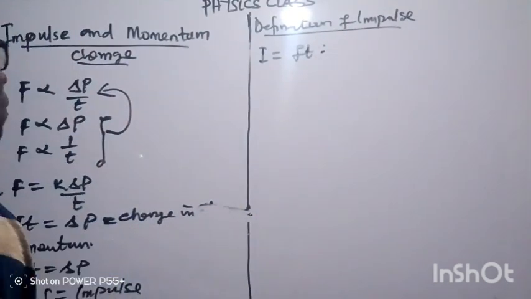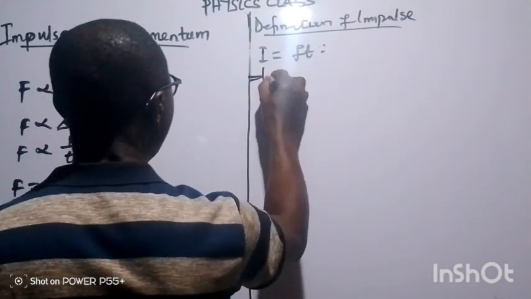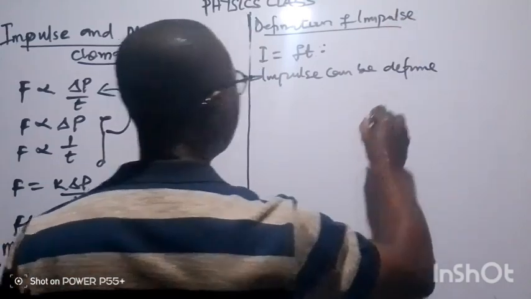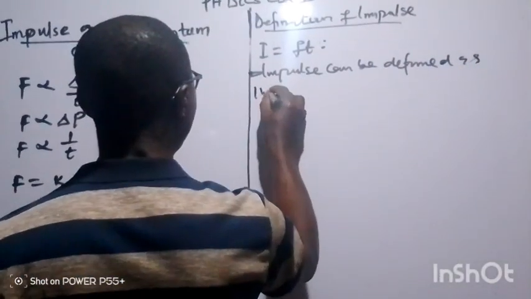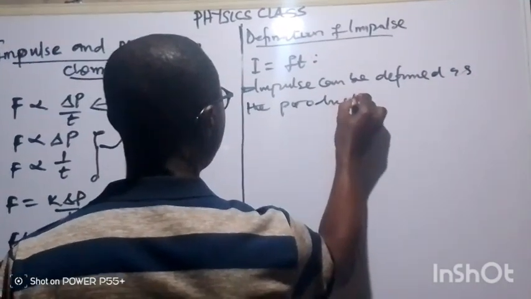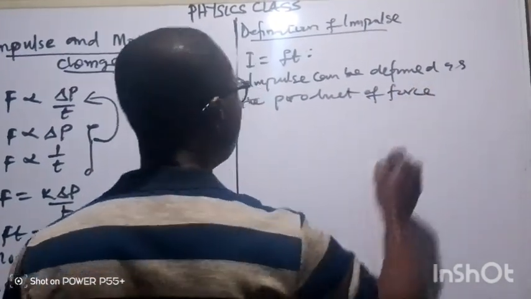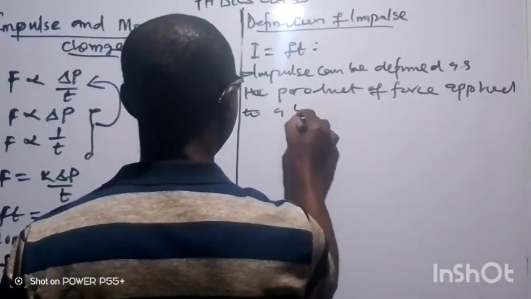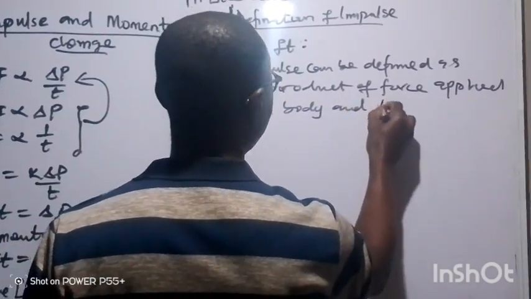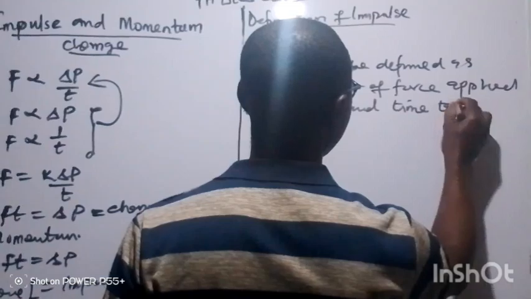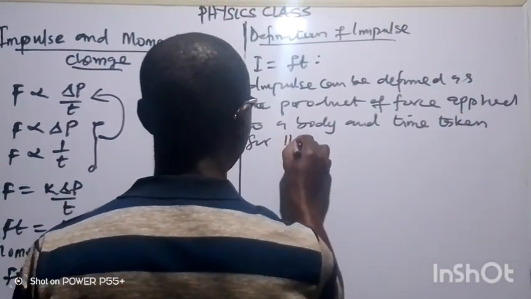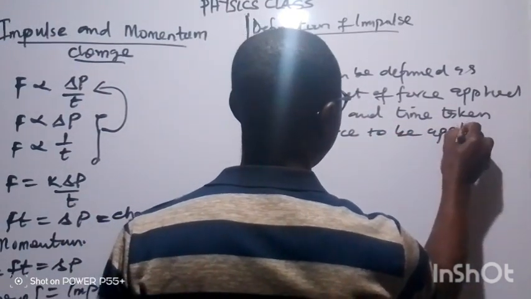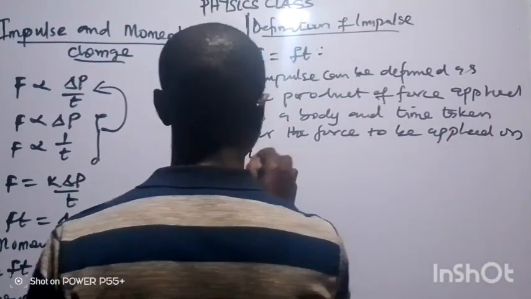In this case, impulse can be defined as the product of force applied to a body and the time taken for the force to be applied on it.